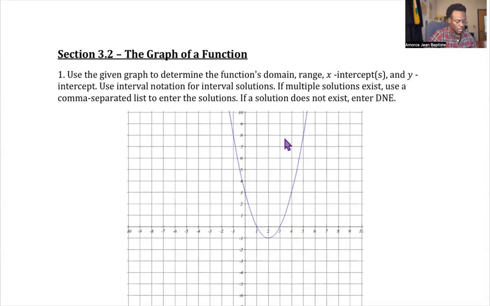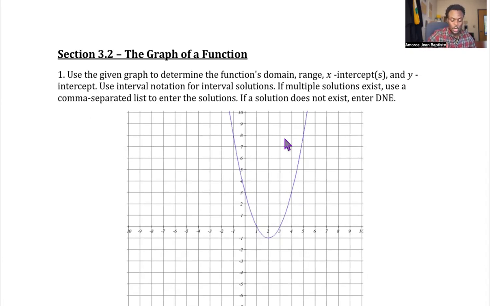So this is section number two for the third chapter. It's the graph of a function. In this section, we're going to be analyzing all the concepts about the graph of a function.